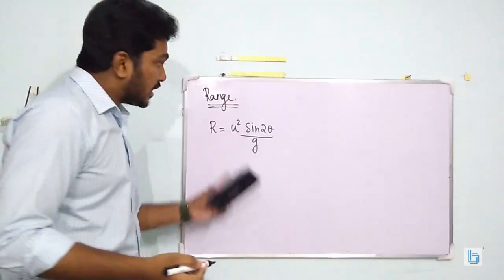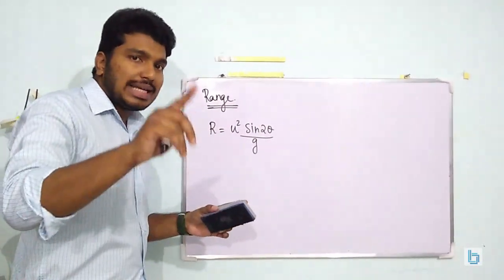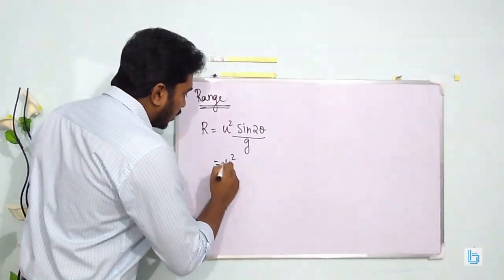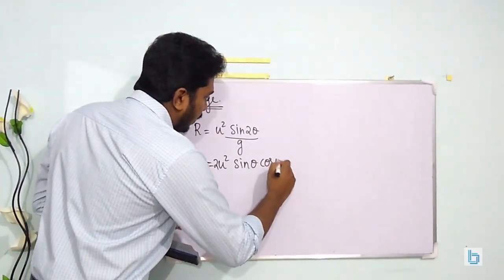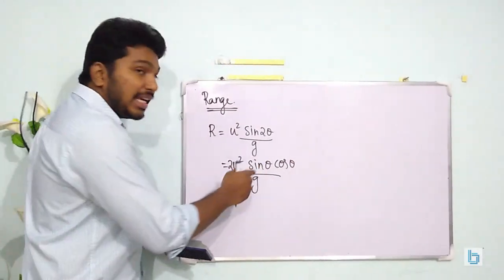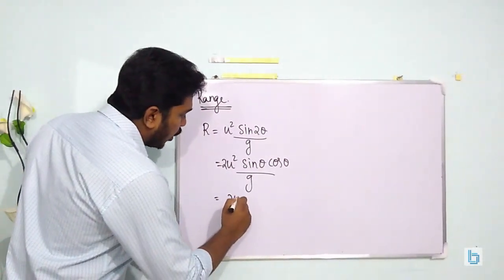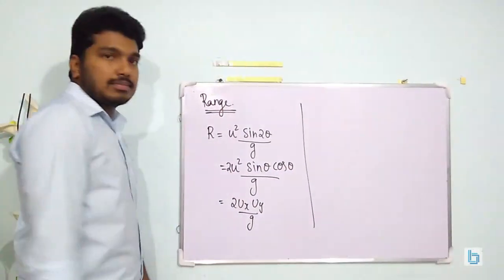Sine 2 theta is 2 sine theta cos theta. So we can write this as 2 u square sin theta cos theta by g, or 2 u sin theta u cos theta, so this will be 2 ux uy by g.